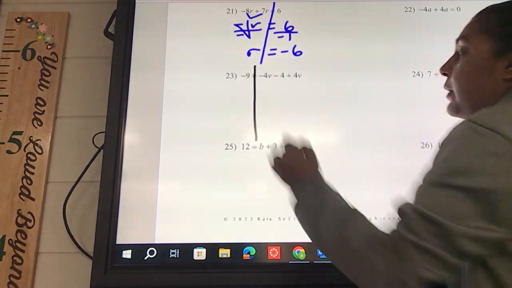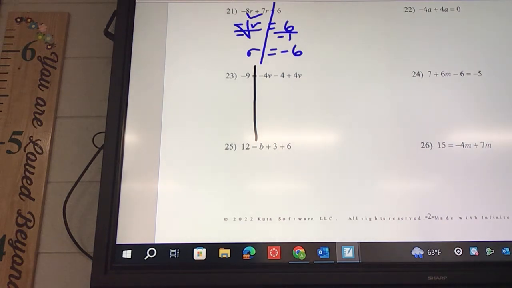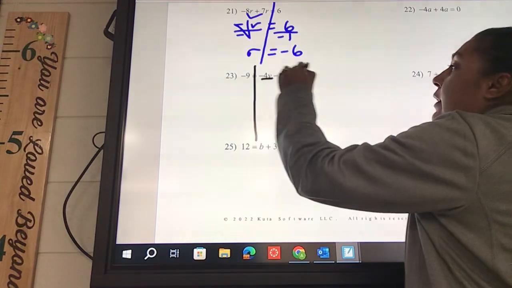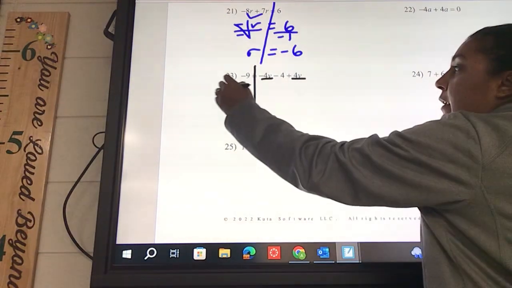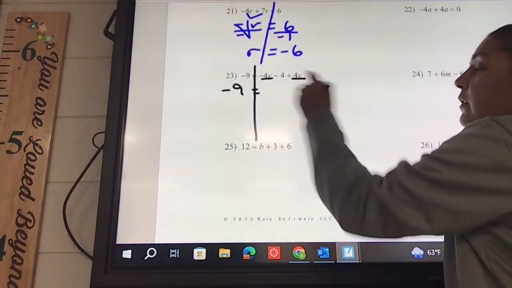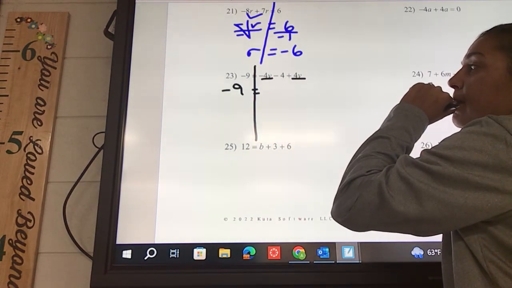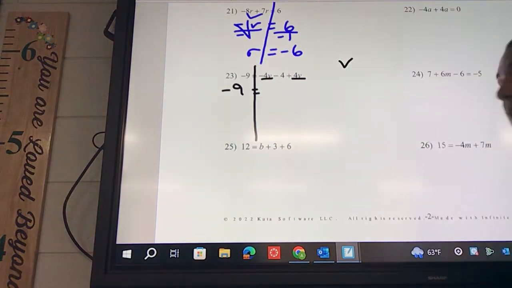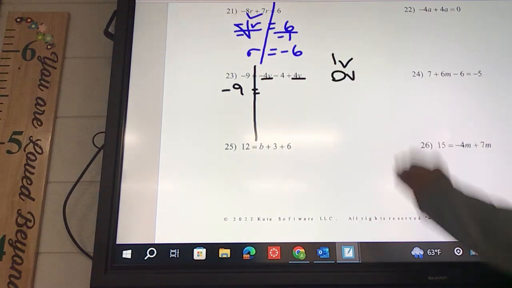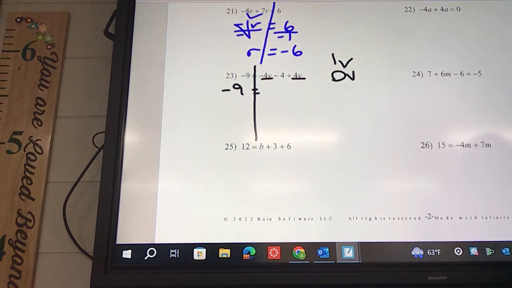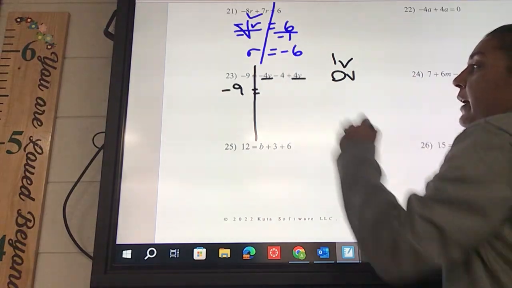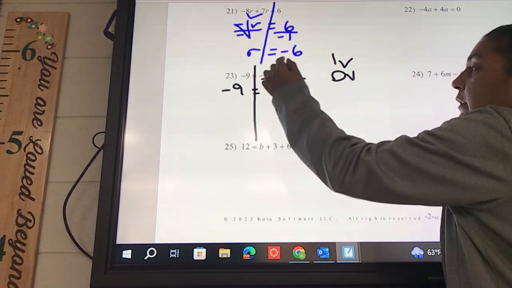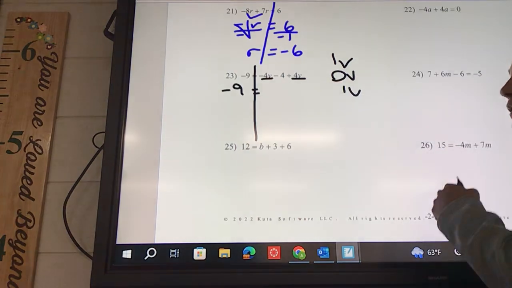Okay, 23. What needs done first? Negative 4v and 4v we can put together. So I got negative 9 equals what? 0v. When we say v like that, what number is in front of it? 1. You can't say 0v. There's no such thing. So when you combine these two, it's not just v, because v is 1v.